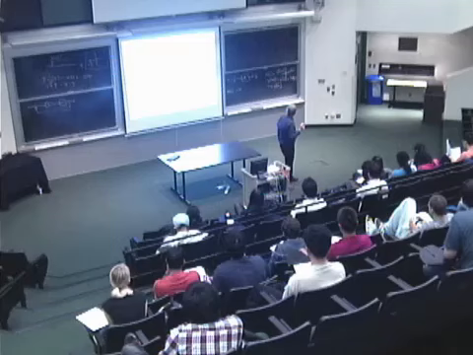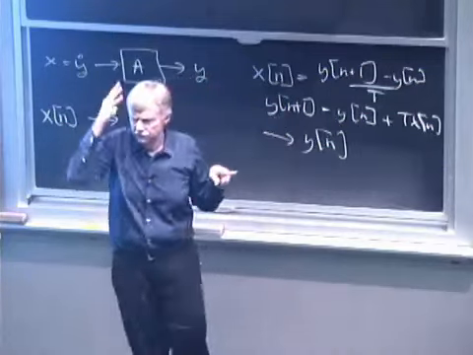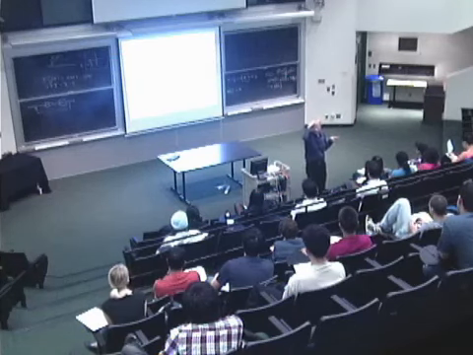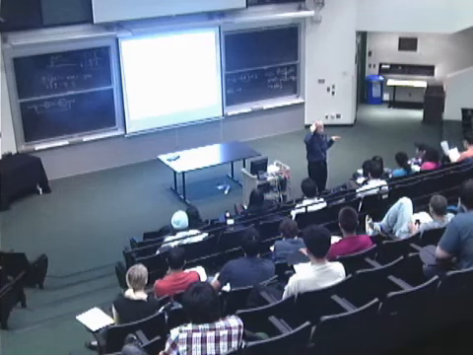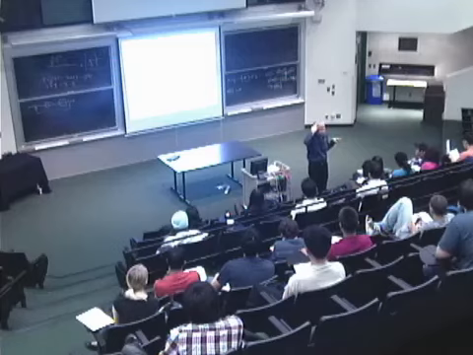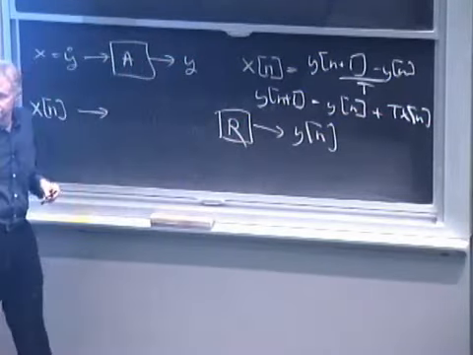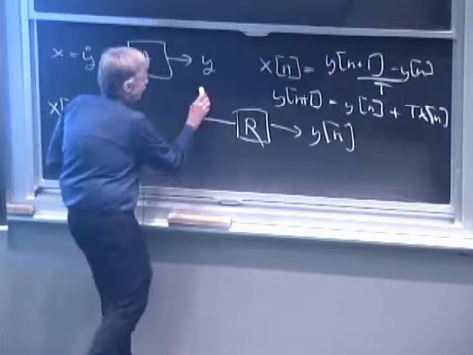So if I want to compute y of n plus 1, oh dear, what's y of n plus 1? How do I generate my output? I want it to be y of n. Where's y of n plus 1? If I knew y of n, how would I compute y of n plus 1? It would be back 1. So if I had an R here, this would be y of n plus 1, right?